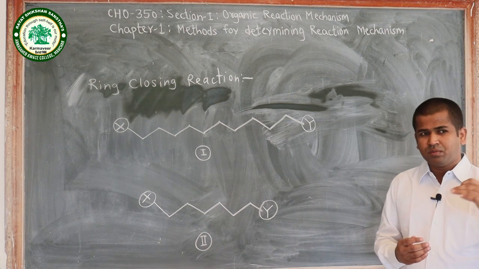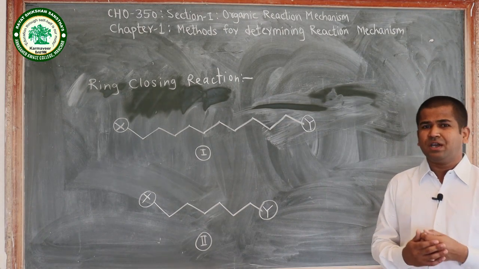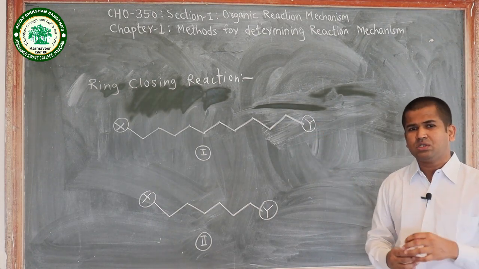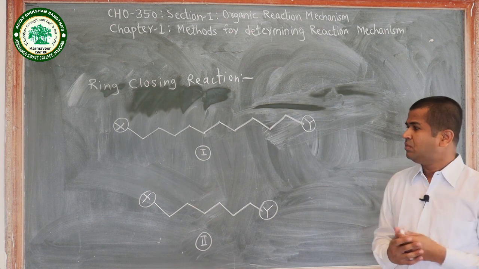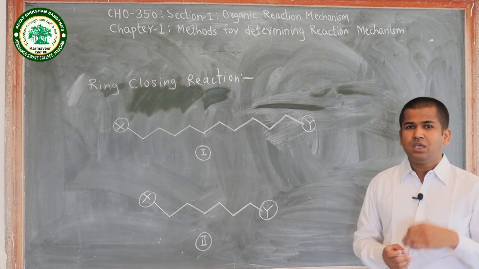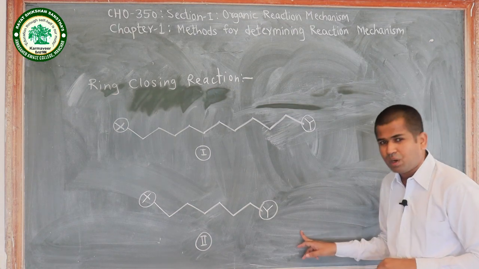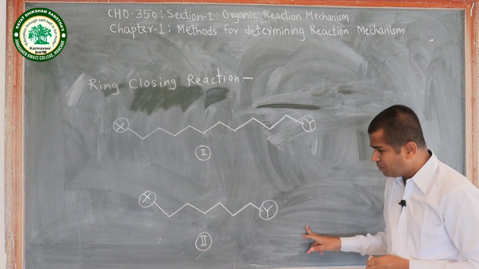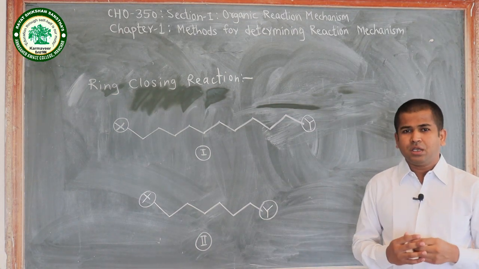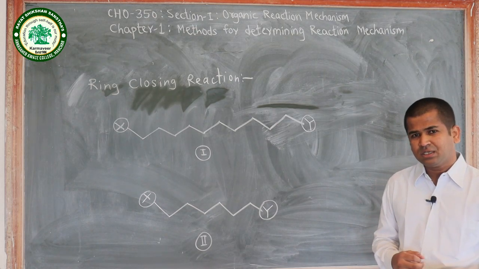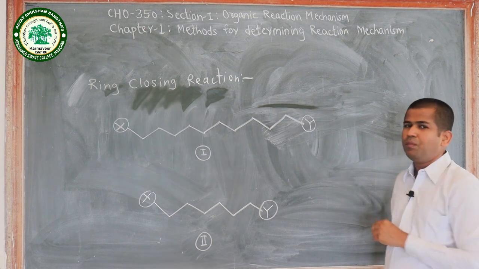So most of the conformations of compound 1 have to be lost. That means the degree of freedom of compound 1 is lost more compared to compound 2. In case of compound 2, the loss in degree of freedom is less compared to compound 1.